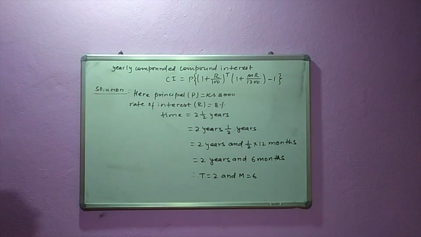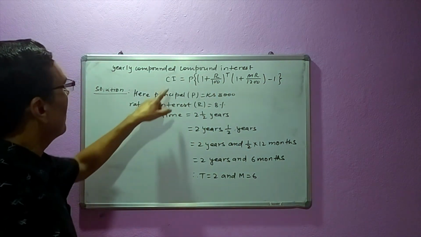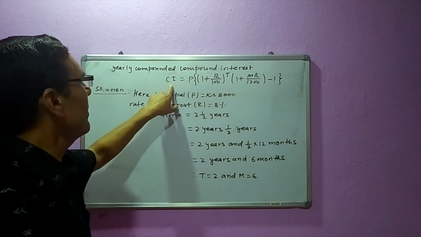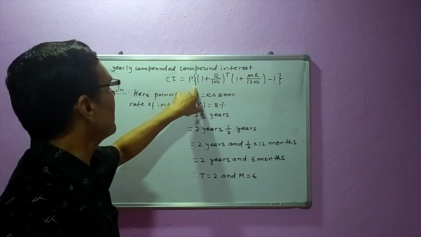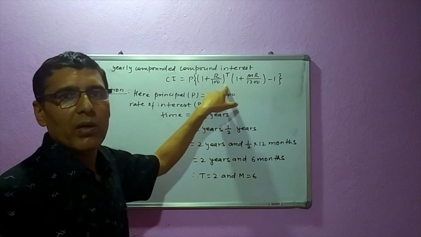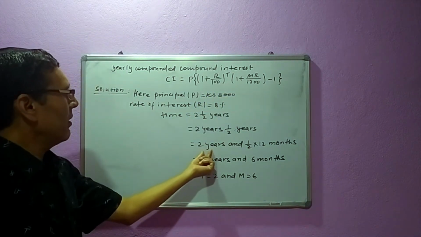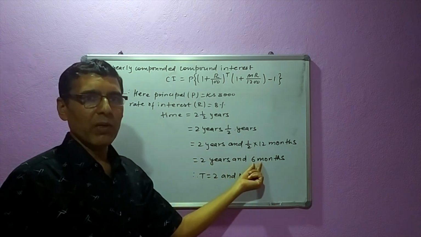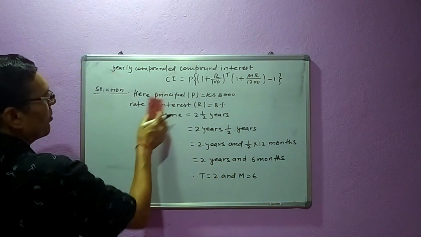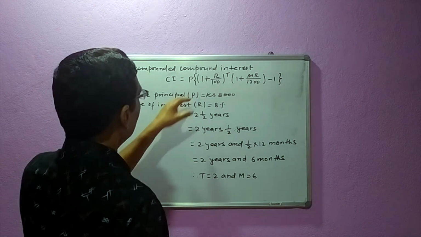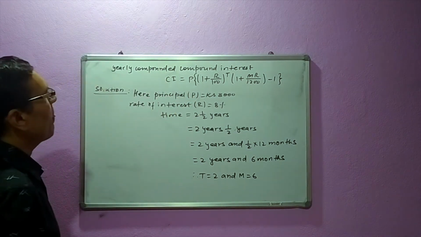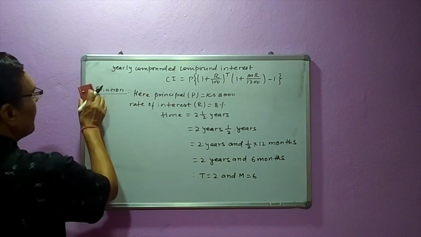We use this formula when the time is given in the form of number of years and number of months, like here 2 years and 6 months. So putting the values in this formula and calculating, we will get the compound interest.